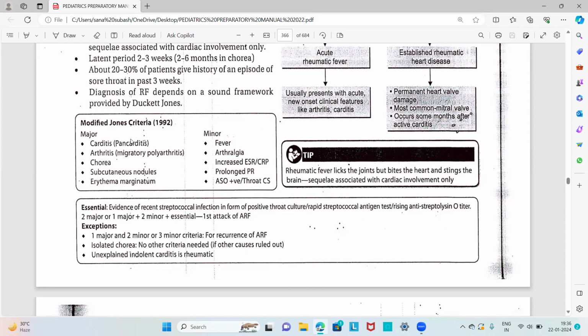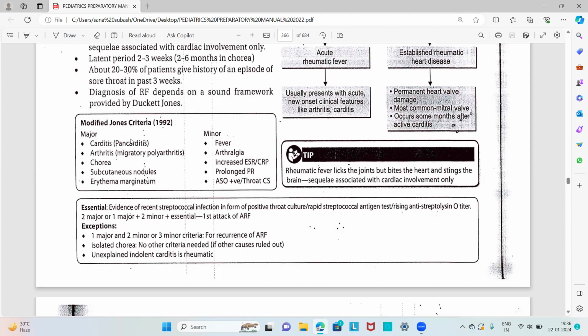The essential criterion is previous evidence of group A beta hemolytic streptococcal infection. So to diagnose, the essential criterion should be present. Along with that, for the diagnosis of the initial episode of acute rheumatic fever, two major or one major plus two minor criteria of the modified, revised Jones criteria should be satisfied.